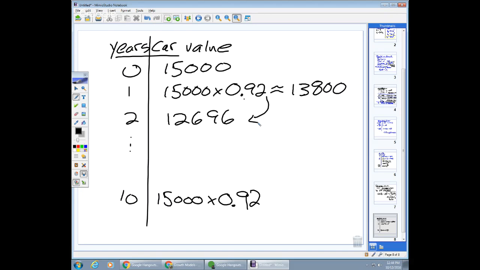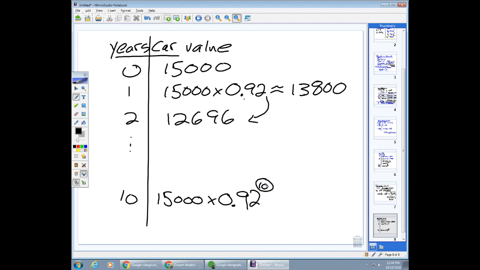So altogether, how many multiplications are happening into the 10th year? 10 of them. Well, there'll be 10 of them here, because to get from 0 to 1, I had to do it. Then from 1 to 2, I had to do it again. So for example, this 12,696 is 15,000 times 0.92 to the power 2, because it's the second application of that depreciation. Each year gives me a new application.